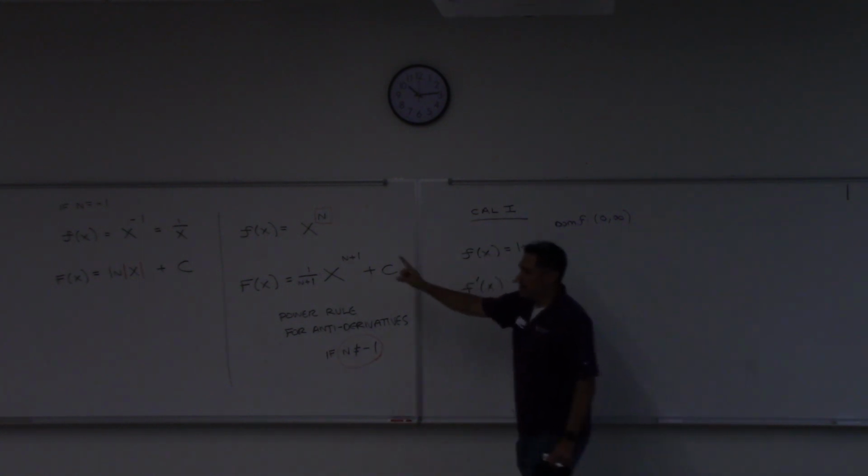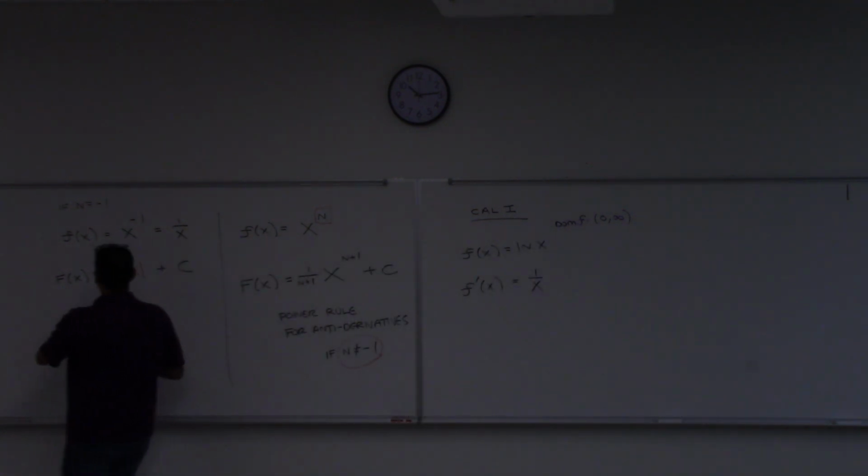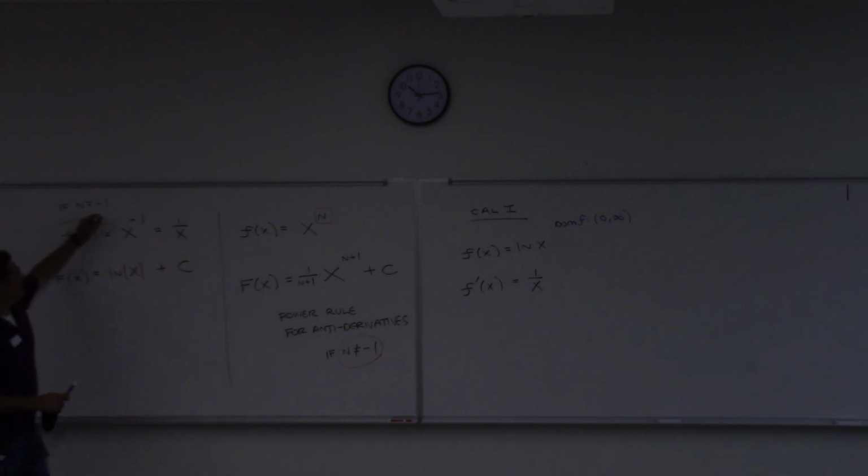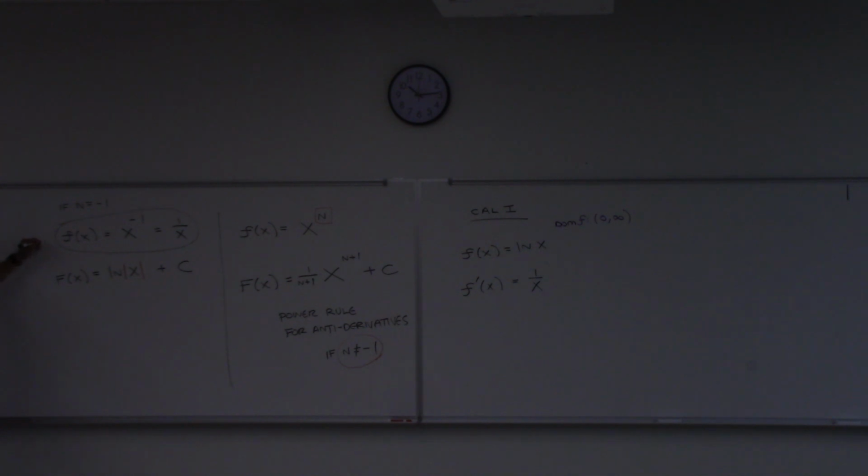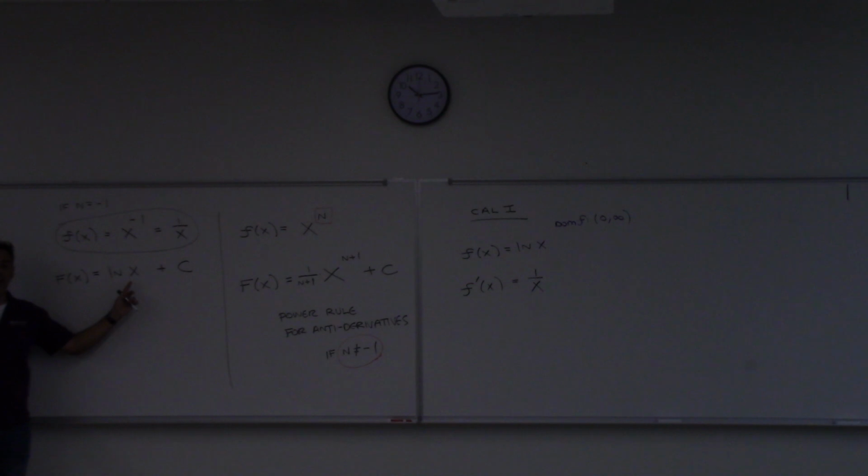Over here, it's different. If I start here, what's the domain of this function? Everything except 0, right? But if you don't put the absolute value here, what's the domain of your antiderivative? You have to be greater than 0, right? So the domain here is restricted more than the domain there.